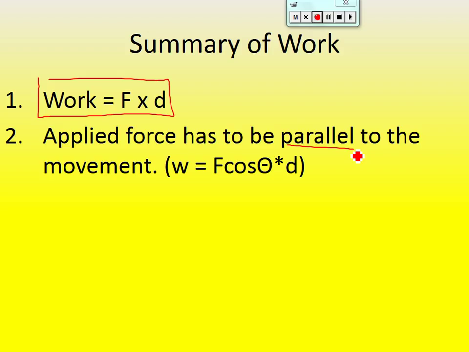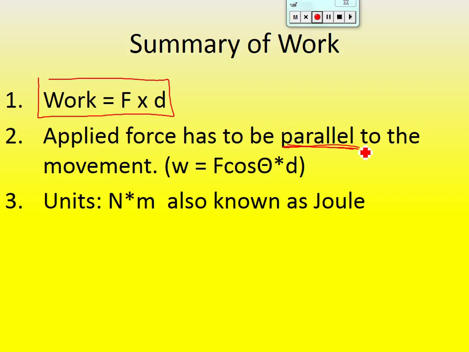And a lot of times we'll end up taking the cosine, the force times the cosine of the angle times the distance. So anyway, this has to be parallel. The force has to be parallel to the direction that it moves. Number three, the units for work are a Newton meter, otherwise known as a joule. Okay, and joules are abbreviated with a capital J.